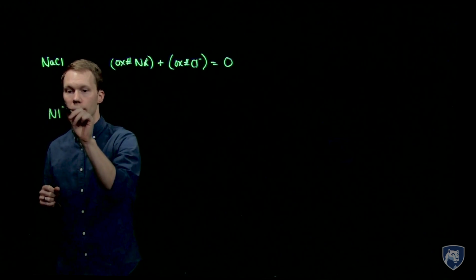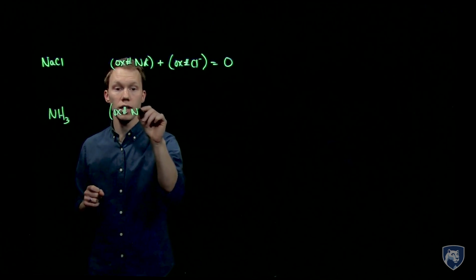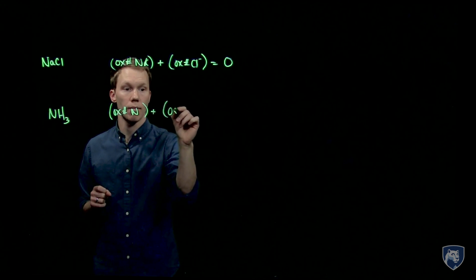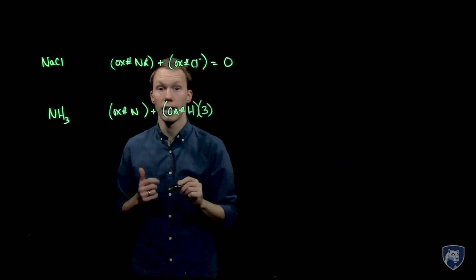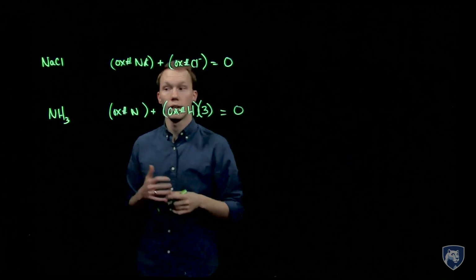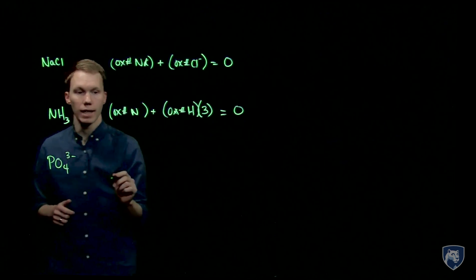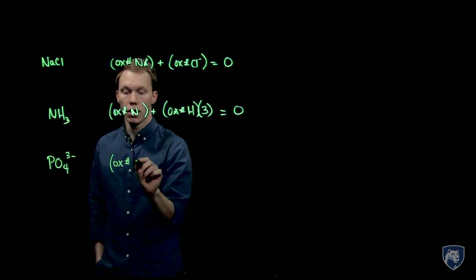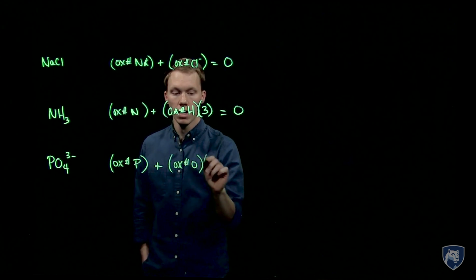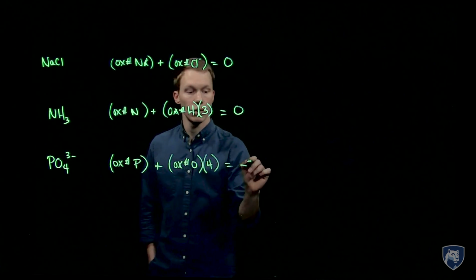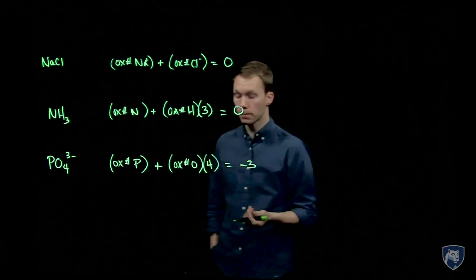If we have a molecular compound like ammonia, NH3, we take the oxidation number of nitrogen plus the oxidation number of hydrogen. There are 3 of them, so we've got to multiply that by 3, would all add up to 0. For polyatomic ions like PO4 3-, the oxidation number of phosphorus plus the oxidation number of oxygen times 4 of those must add up to -3 because the charge is 3- there. All right?